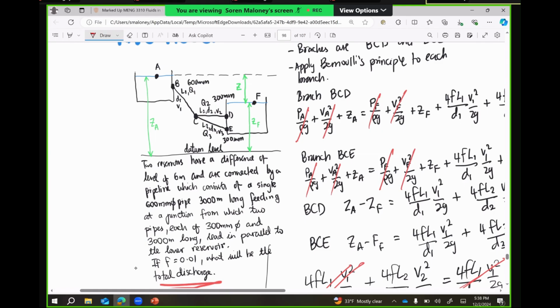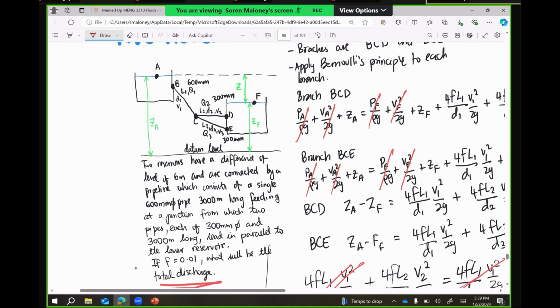Now I've drawn this for you. The question doesn't actually draw it, it gives you an image, or you have to construct the reservoirs and the pipelines from the language. But I have drawn it for you.